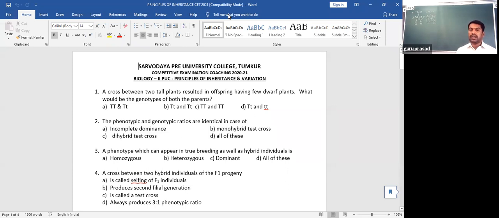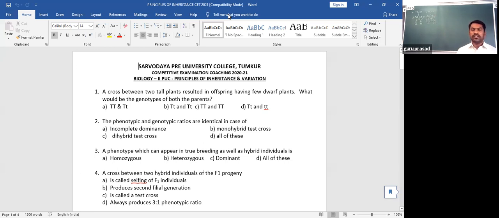The dominant gene is unable to completely suppress the recessive gene, so both the genes express, even the recessive gene expresses its character, and we obtain a pink color F1 generation. When this pink color F1 generation is allowed to self cross, we obtain the F2 generation in the phenotypic ratio 1 is to 2 is to 1.